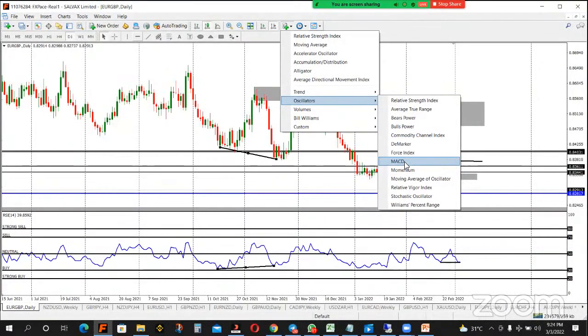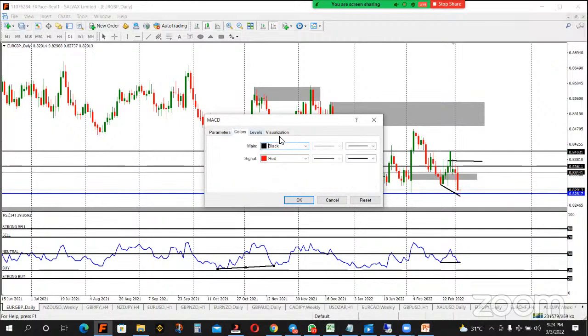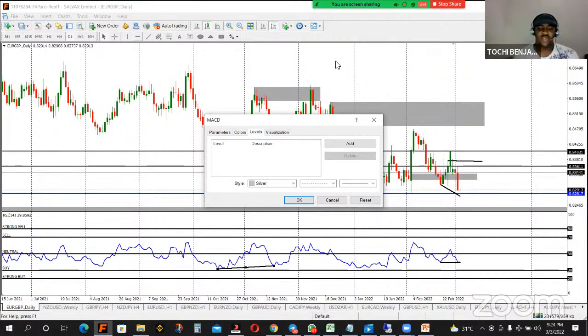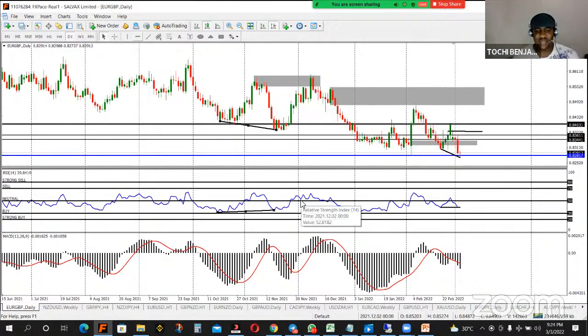Everything is default, so just leave it and click OK. This is the MACD that comes with your MetaTrader 4.